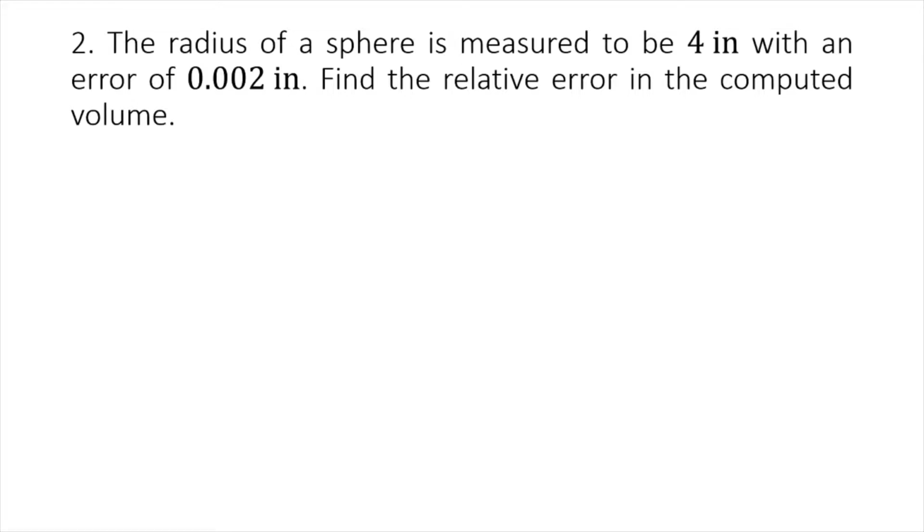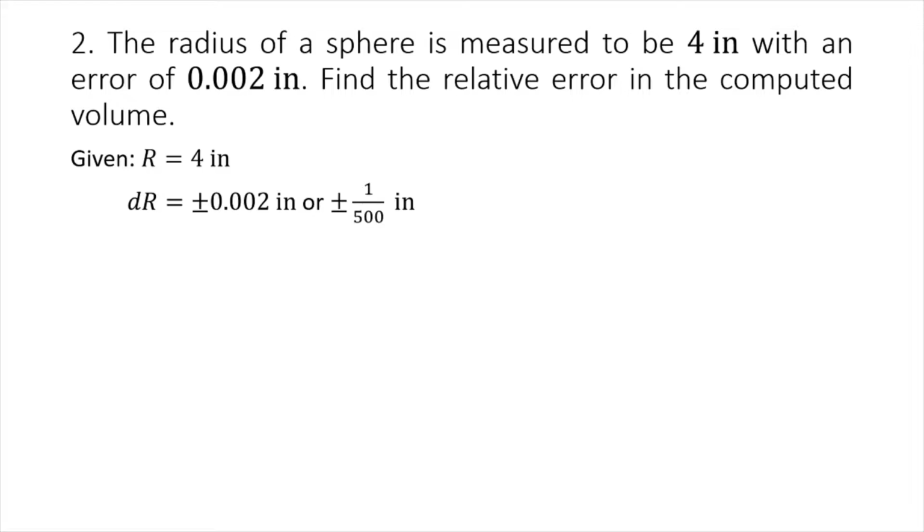Okay, so given we have the radius, let's call the radius of the sphere capital R, and it's equal to 4 inches. And then the error in the measurement of the radius, it's dr, right? And it's equal to plus minus or positive negative 0.002 inches, or positive negative 1 over 500 inches.